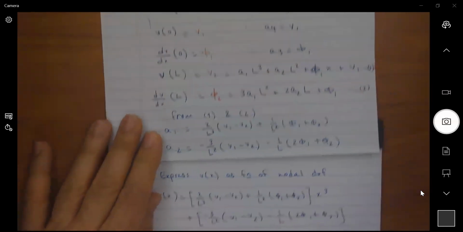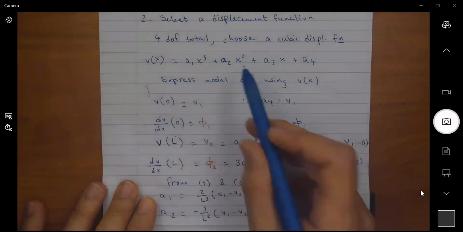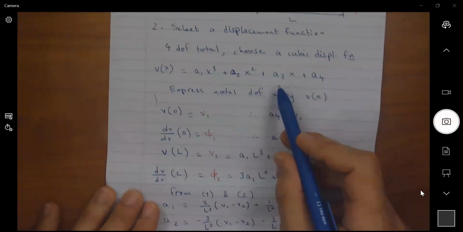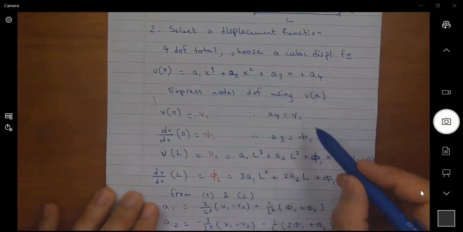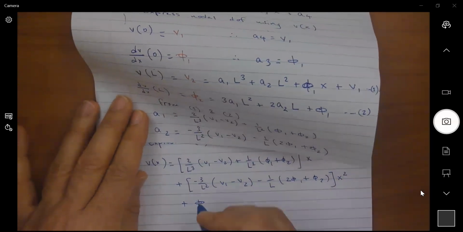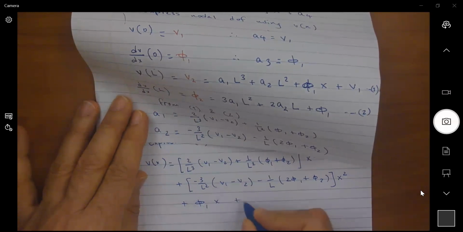This is times x squared, plus A3 x plus A4. A3 is Phi1, so I get here plus Phi1 times x plus V1.